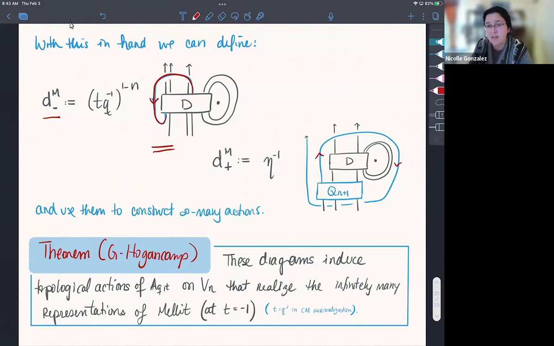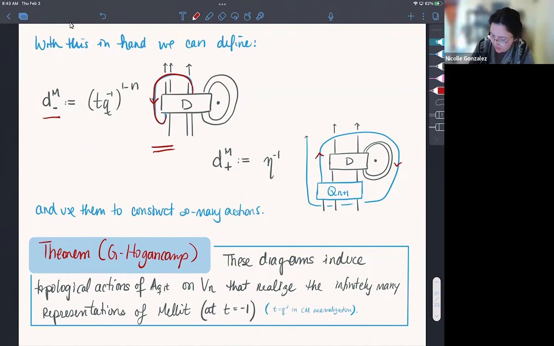And what's amazing, and this is the theorem at the end, is that not only do these diagrams really give us Mellit's second action, they also, through the exact same recipe as Mellit, allow us to construct an infinite number of topological actions, where you can recover M and N as precisely the slopes of the diagrams that you can think of as living on this punctured annulus, or a punctured torus, whatever.